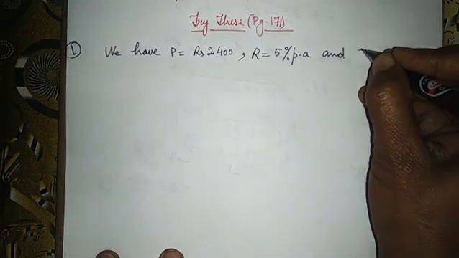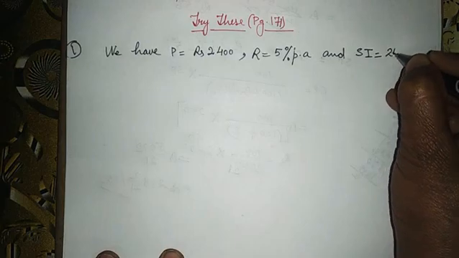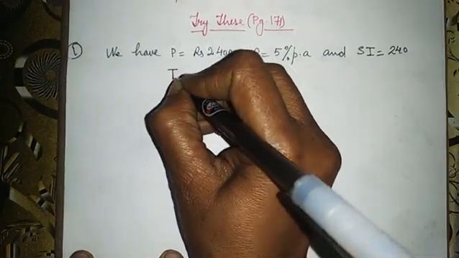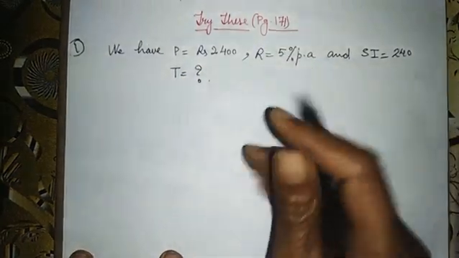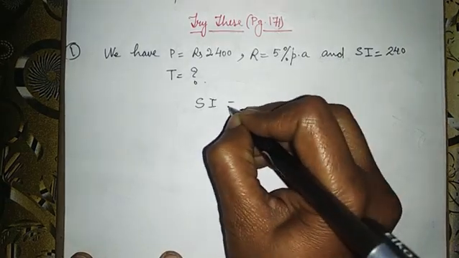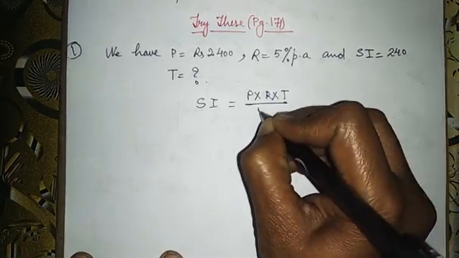Here simple interest: in the question you have got rupees 240, and what you have to calculate here is time. So the formula for simple interest, you know, SI is equal to P into R into T upon 100.